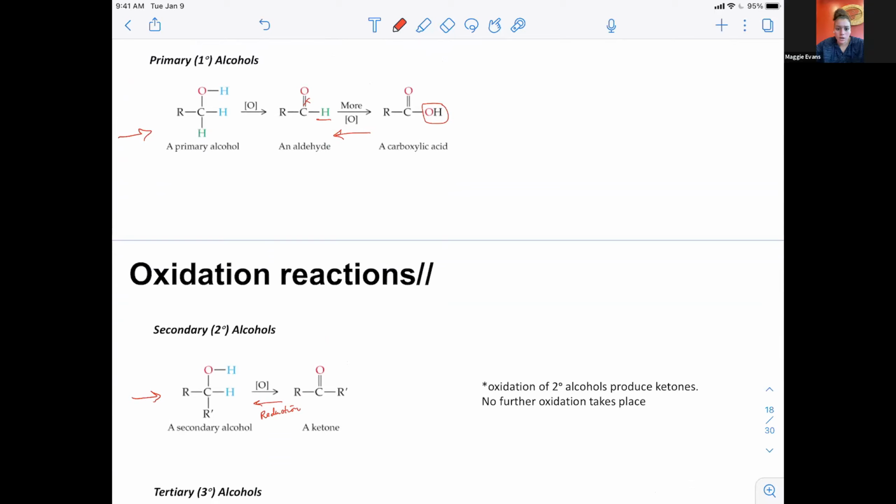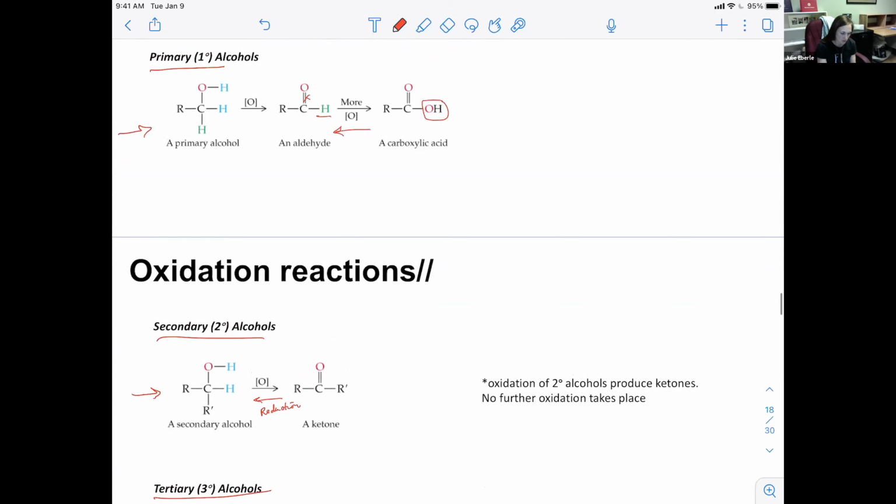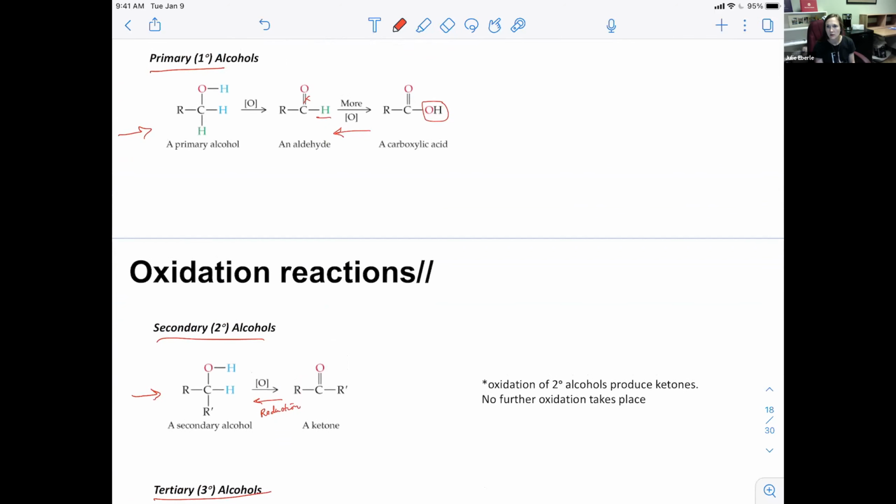What's branched off of the carbonyl? Look at the titles of these examples. What's the difference between these three titles? I see it, I just don't know how to explain it.